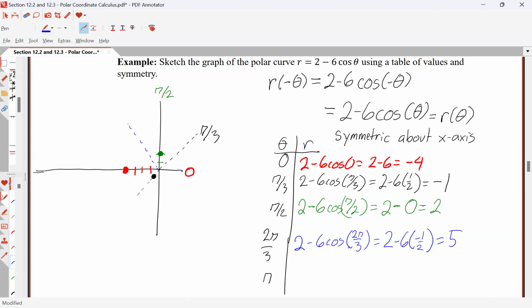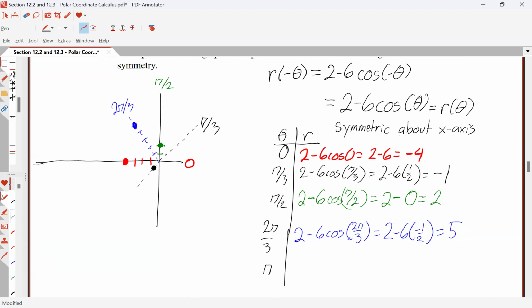So at an angle of 2 pi over 3, we'll have a radius of 1, 2, 3, 4, 5. So we'll have that point there. And at an angle of pi, we'll have 2 minus 6 cosine of pi, and cosine of pi is negative 1. So we get 8. 1, 2, 3, 4, 5, 6, 7, 8.